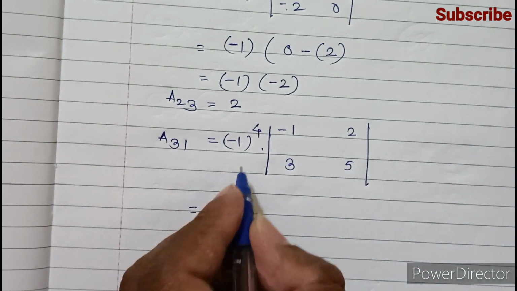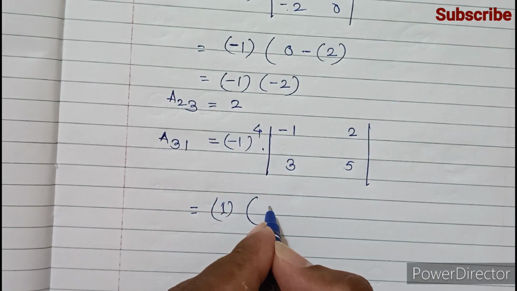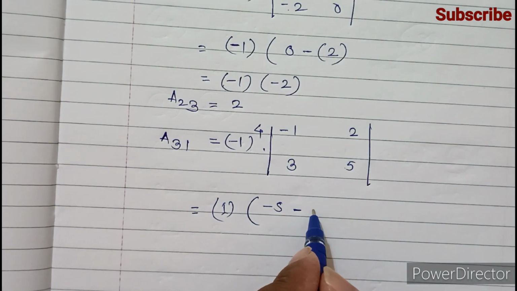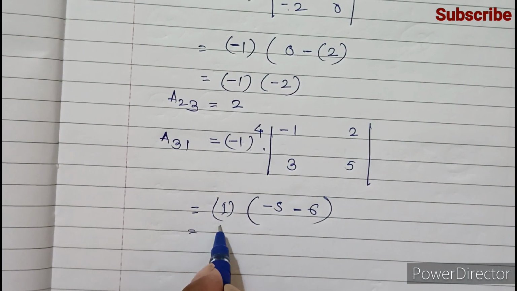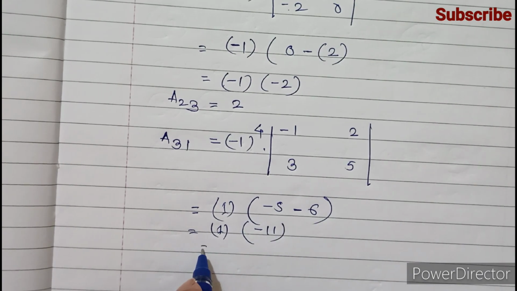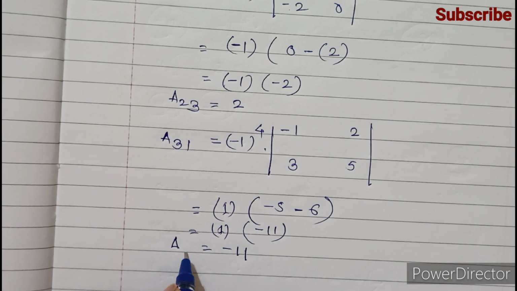Now we get (-1)^4, that is plus of 1, in bracket -1 into 5, that is -5, minus 2 into 3, that is 6. Now here 1 as it is, -5 minus 6, that is minus of 11. 1 into minus of 11, that is minus of 11. The value of A31 we get is minus of 11.